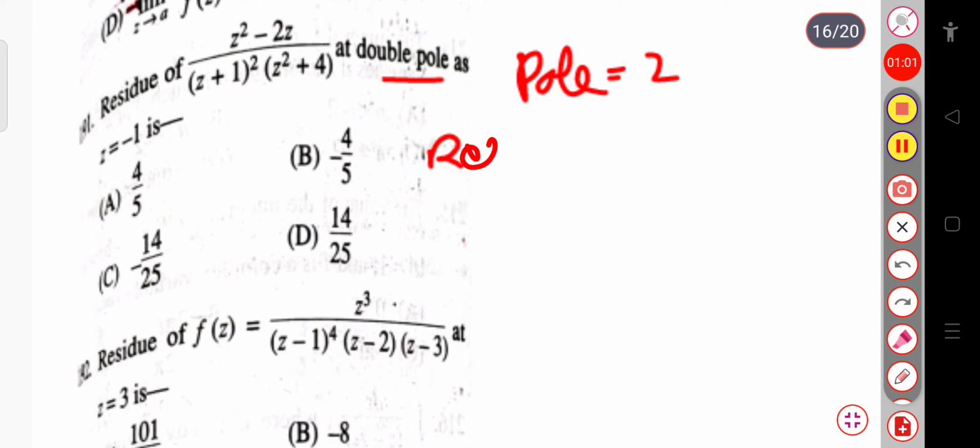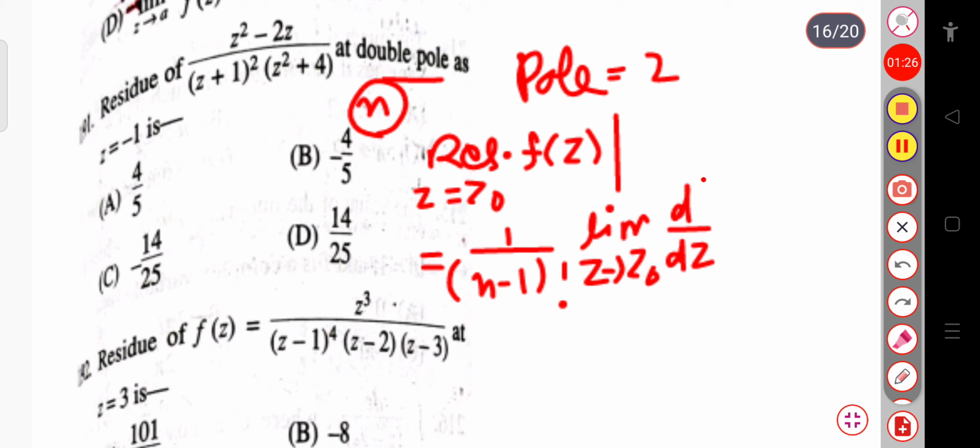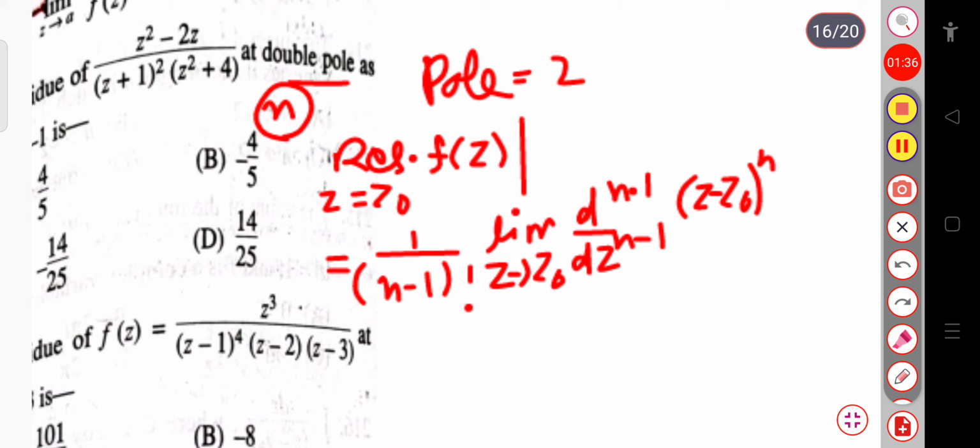Suppose the residue at any point z equal to z naught of f of z, if you want to calculate, then for a pole of order n this is equal to 1 by (n minus 1) factorial into the limit z tends to z naught of d by dz, the (n minus 1)th order derivative, of (z minus z naught) whole power n into f of z. So this is the basic formula to calculate the residue of the function at a point.